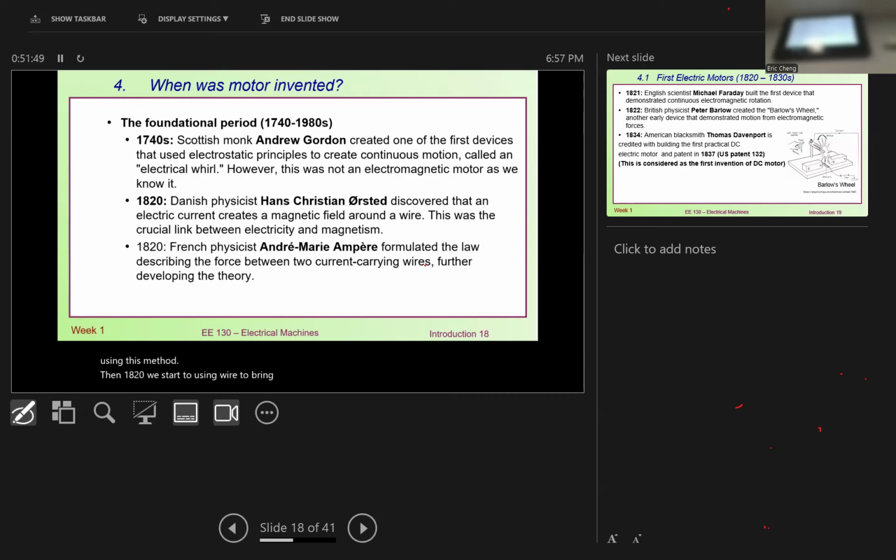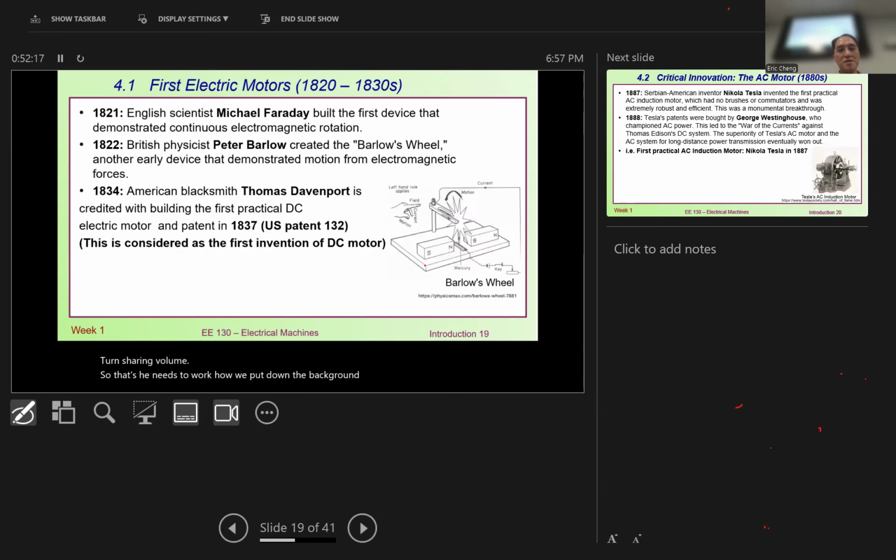That is how we began to create magnetization. At the same time, it became possible to use two current-carrying wires to create a force between them. That is the initial thinking on how to create force with current-carrying wire, and how we put down the background for the motor.